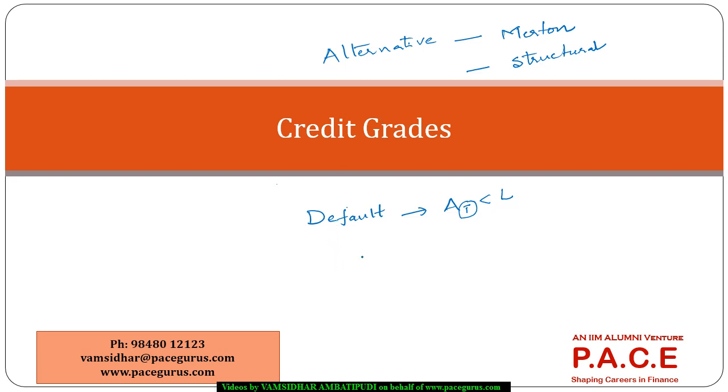Whereas in CreditGrades, the model says the default will occur if the asset value of the firm is lesser than some random barrier. We'll talk about what it is. But if the asset value is lesser than some random barrier, that is when we say that default is occurring.